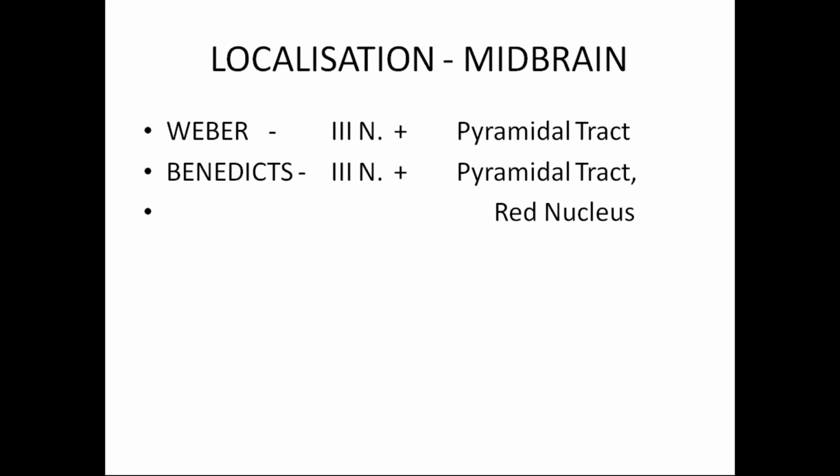So Weber's is the third nerve and involvement of the pyramidal tract, and Benedict's is third nerve, involvement of the pyramidal tract, as we discussed, and also the red nucleus. Just remember Benedict's test, you get red brick or something. You just remember the red nucleus is also involved in case of midbrain.